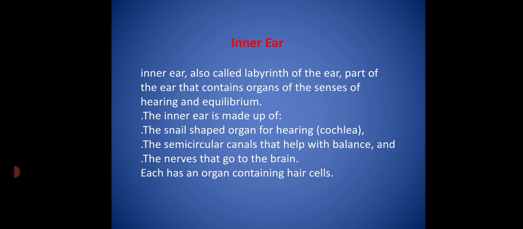The semicircular canals are three very small tubes whose primary job is to regulate balance and the sense of head position. They are the anterior, posterior, and horizontal canals. I hope you got it.